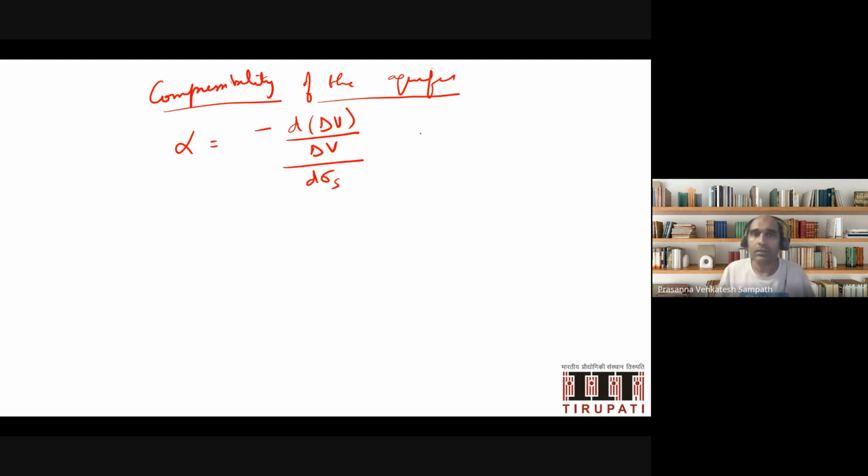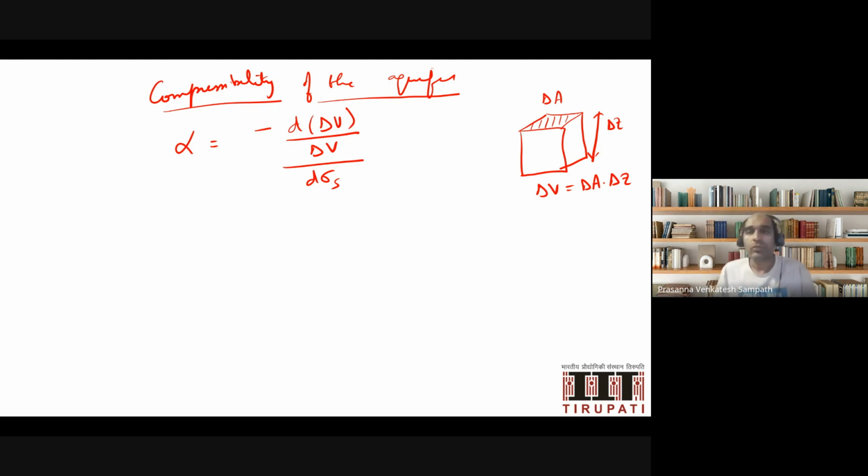So delta V is the original volume of this aquifer, of that little box that I had drawn. I'll draw it again over here. Let's imagine this little box with a cross-sectional area of delta A, that's plan area, and a thickness of delta Z, and delta V is simply the cross-sectional area multiplied by the thickness of that.